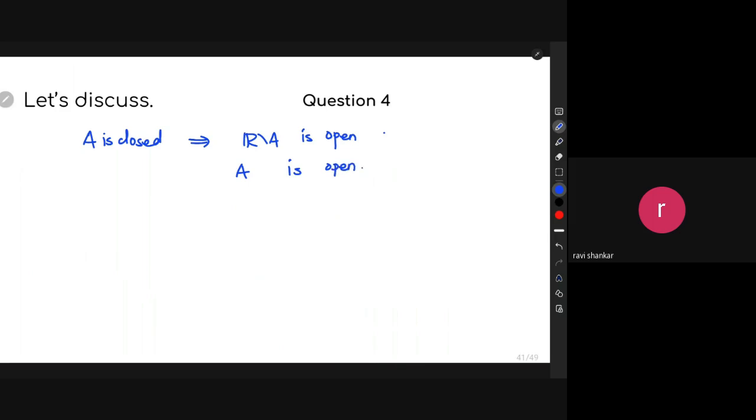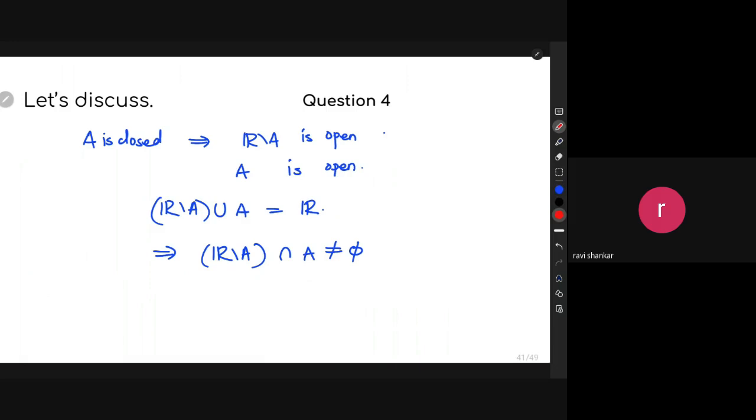And we know that R minus A union A gives you the complete R. So it implies that R minus A must intersect with A. This intersection has to be non-empty.